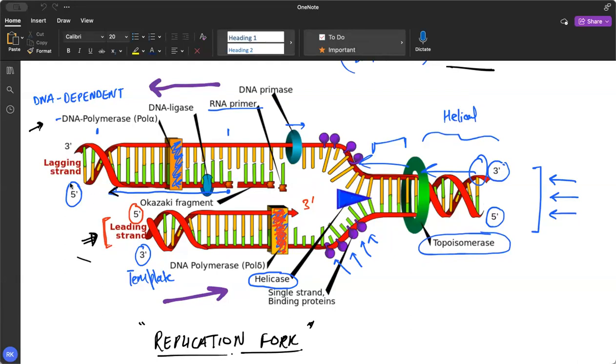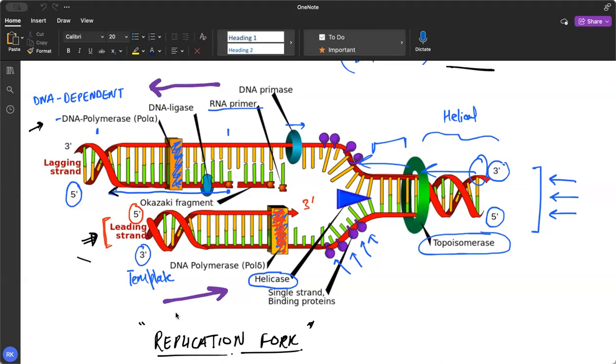So you can see here 5 prime to 3 prime. This one is the lagging strand, and the 3 prime to 5 prime of the parental strand will be the leading. And it makes sense because the complementary will be then 5 prime to 3 prime, which is the direction of DNA polymerase, right? Yes.